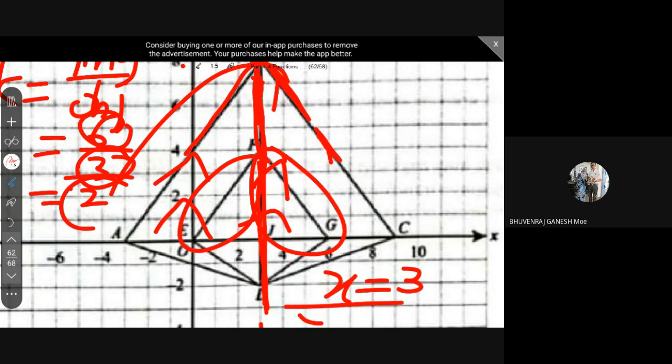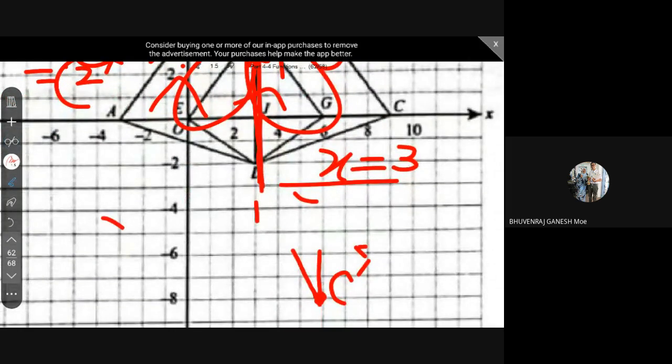You can randomly take any point also. Let's say I take this point here, 3, 3, and this point is 3, 8. If you use your gradient formula, you will get 8 minus 3 over 3 minus 3. What do you get now?